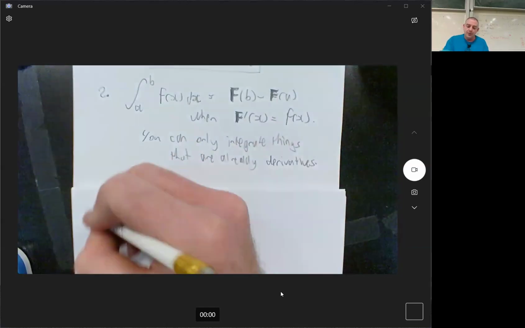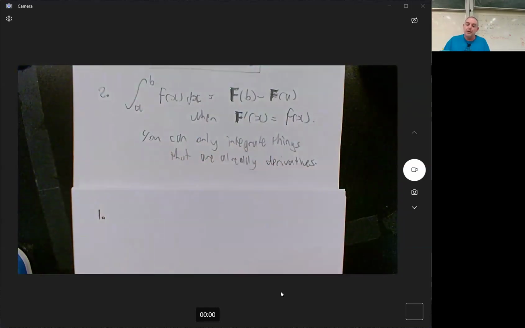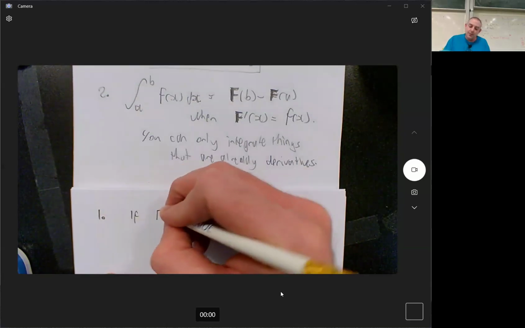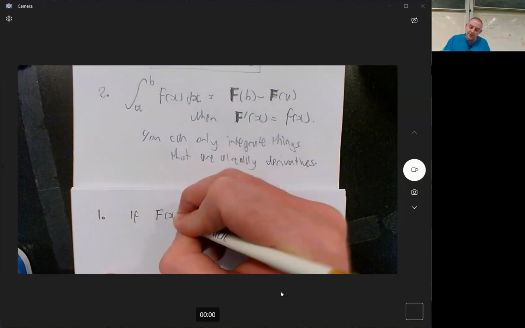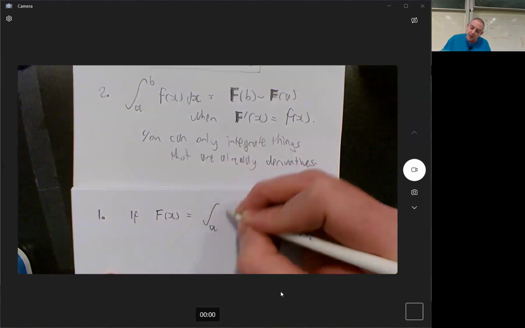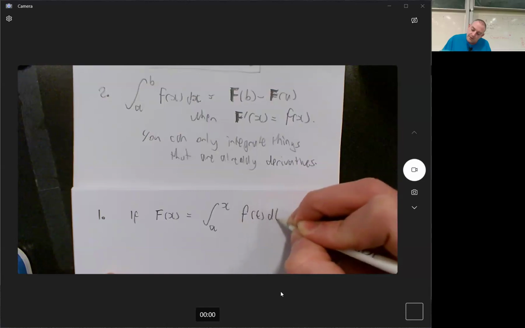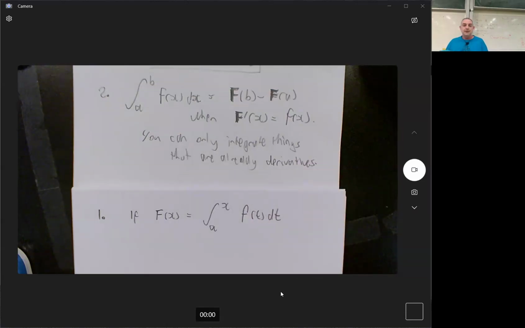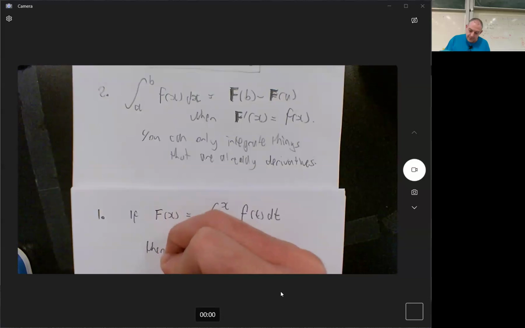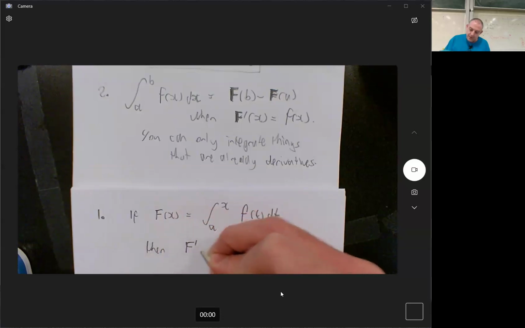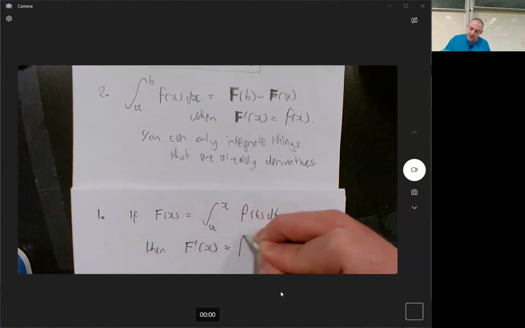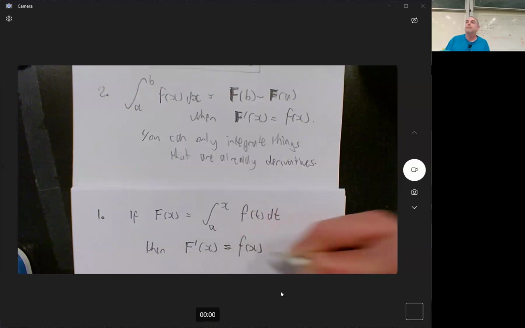Part 1 says that if capital F of x is the integral from somewhere to x of little f of t dt, then the derivative of capital F is in fact little f.